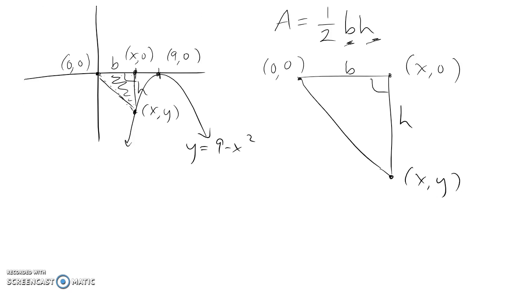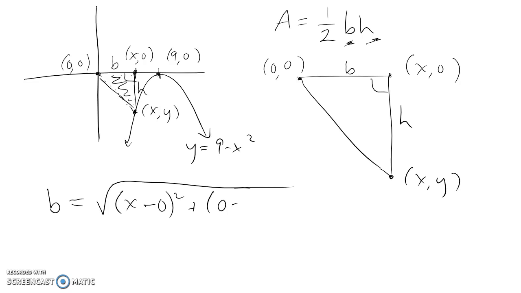All right. Well, we have a formula called the distance formula that tells us how long a line segment is. So I can find the length of b by taking the square root of the difference of the x-coordinates of the endpoints, x minus 0, squared, plus the difference between the y-coordinates of its endpoints, squared.